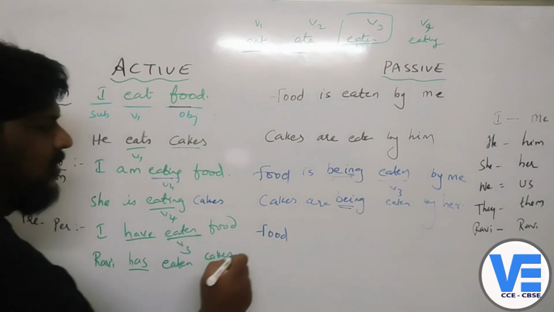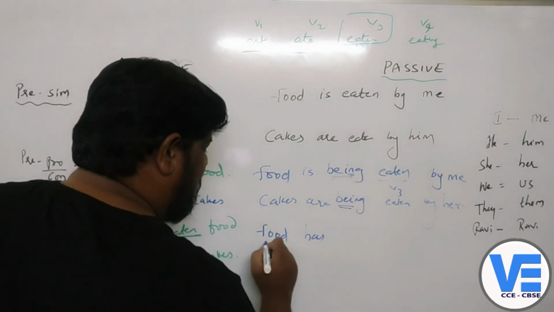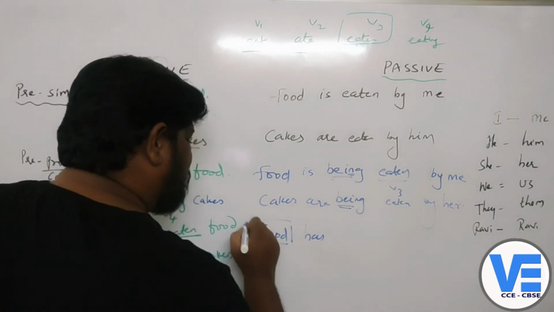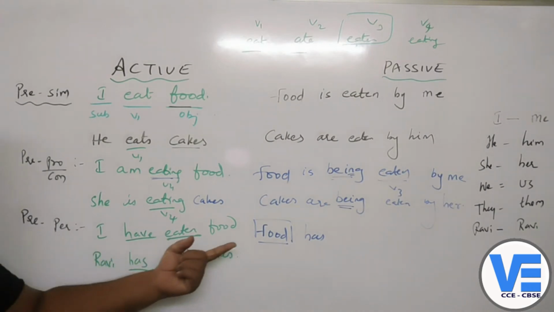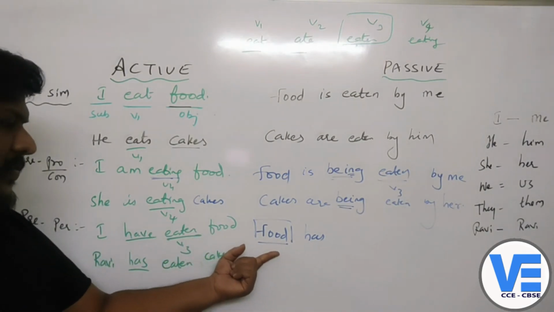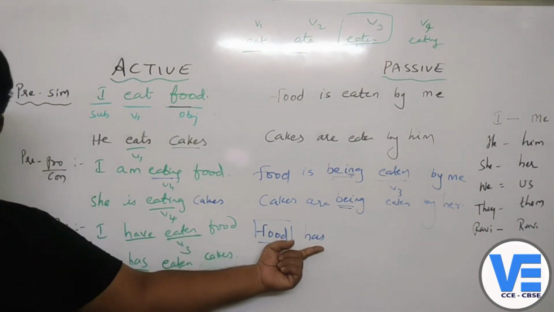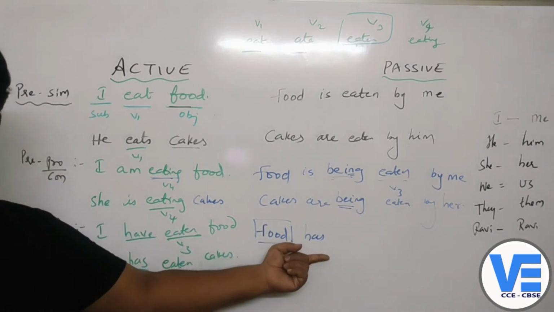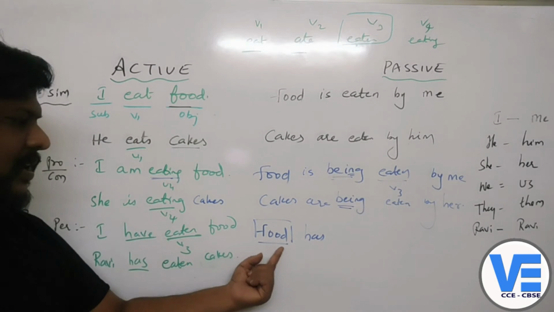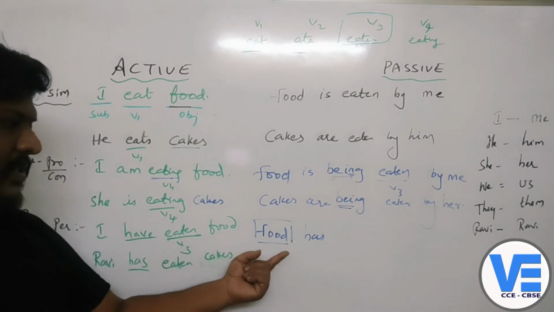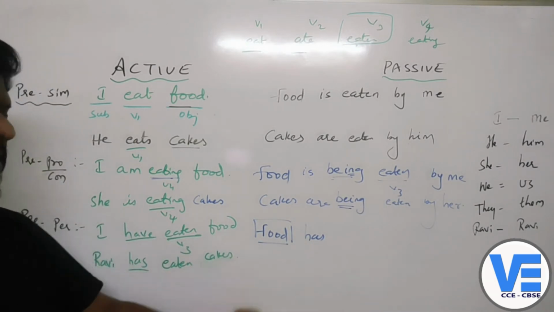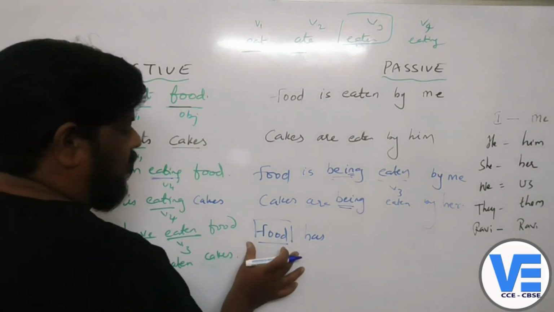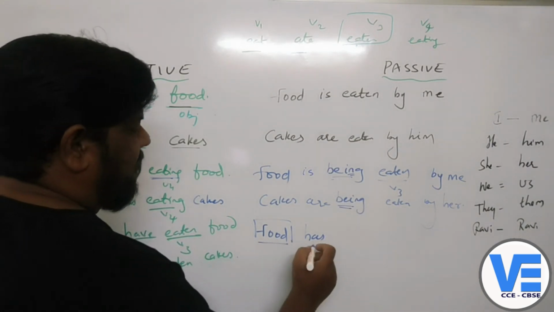We have to use has here because it always depends upon what is the subject you are writing here. So according to the subject, that is food, we are going to write here has. If it is biscuits, you write here have. If it is singular, you write has. If the subject is plural, you write have. So here food is a singular subject, so you write here food has.